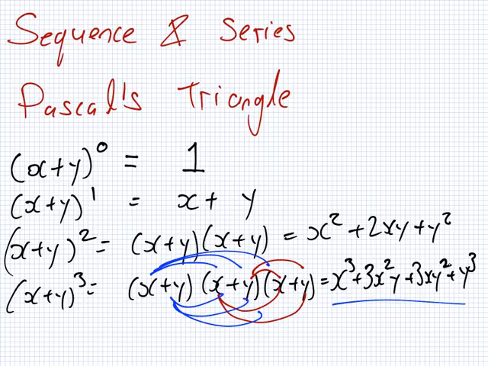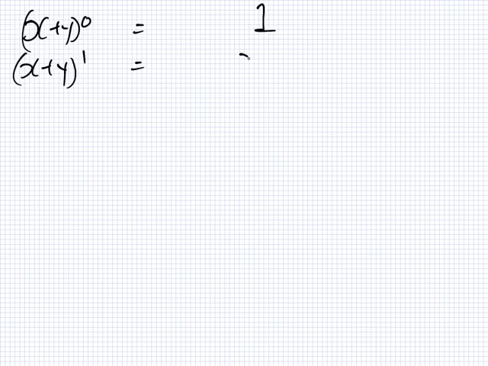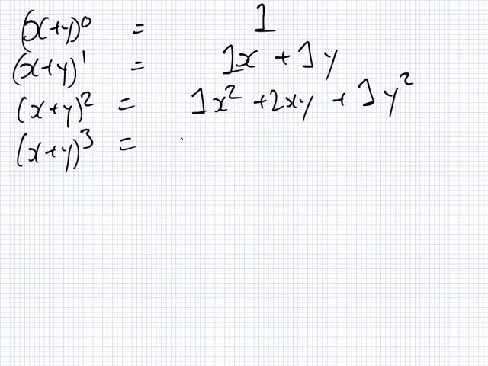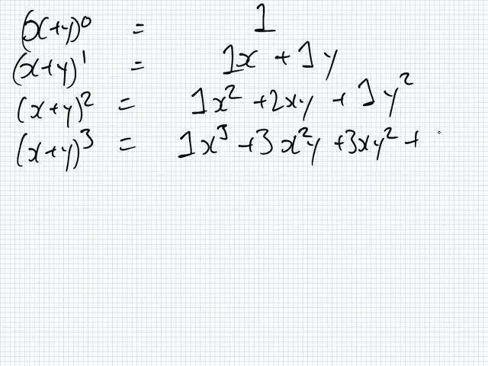So, I'll just write these down again, but a little bit neater. So we have (x + y) power 0, that's 1. (x + y) power 1 is 1x plus 1y. (x + y) squared is 1x squared plus 2xy plus 1y squared. (x + y) cubed is 1x cubed plus 3x squared y plus 3xy squared plus 1y cubed.